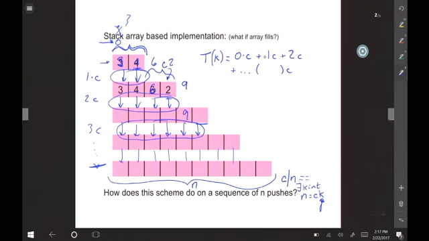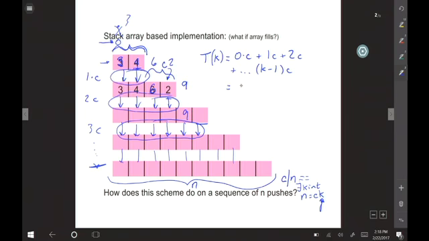So this is, in fact, k minus 1 copies of C. Because that last copy of C is going to be the one that fills it up for the next time. It's what induces the next copy.